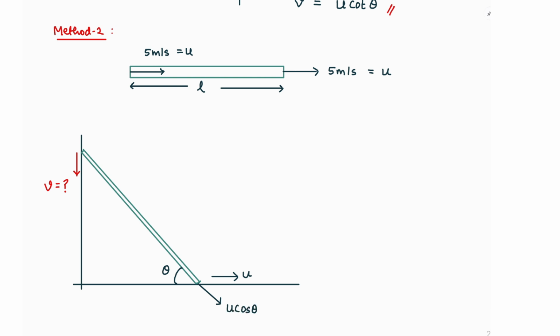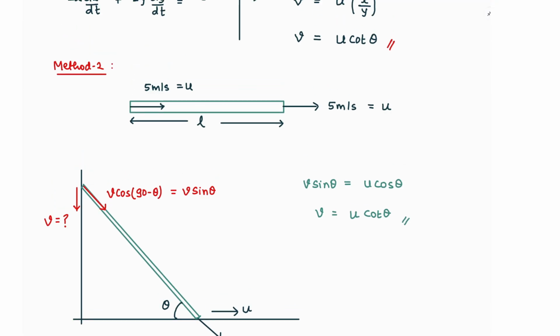If the other point is moving with v, and this angle is 90 minus theta, the component of v along the length of the rod will become v cos of 90 minus theta, that is v sin theta. Using the logic established earlier, v sin theta is equal to u cos theta, and therefore v is equal to u cos by sin, that is cot theta.